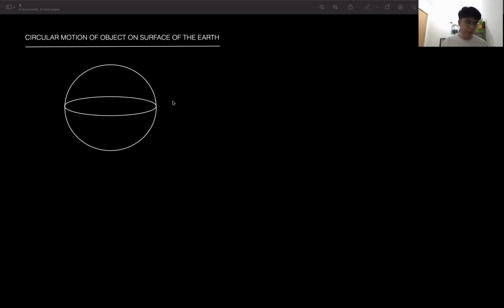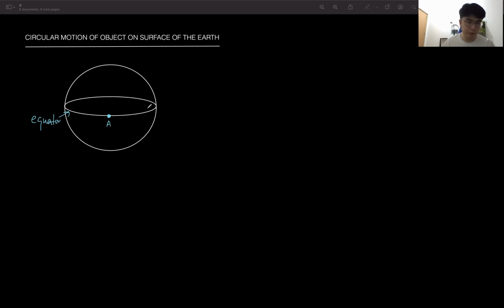Right, so suppose that we have an object on the surface. Any object on the surface of the Earth is moving in circular motion together with the rotation along the axis. Okay, so we take horizontal motion here at the equator. Object A is rotating along the axis of the equator.